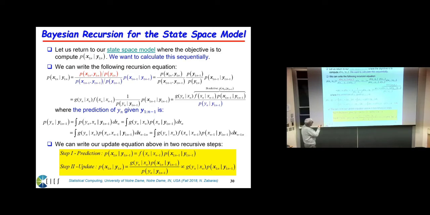Can you write the probability of y1 to n as the probability of yn, comma, y1 to n minus 1, and then write this as the probability of yn given y1 to n minus 1 times the probability of y1 to n minus 1? So this and the other term will cancel, and the only thing you will get is that. Product rule.